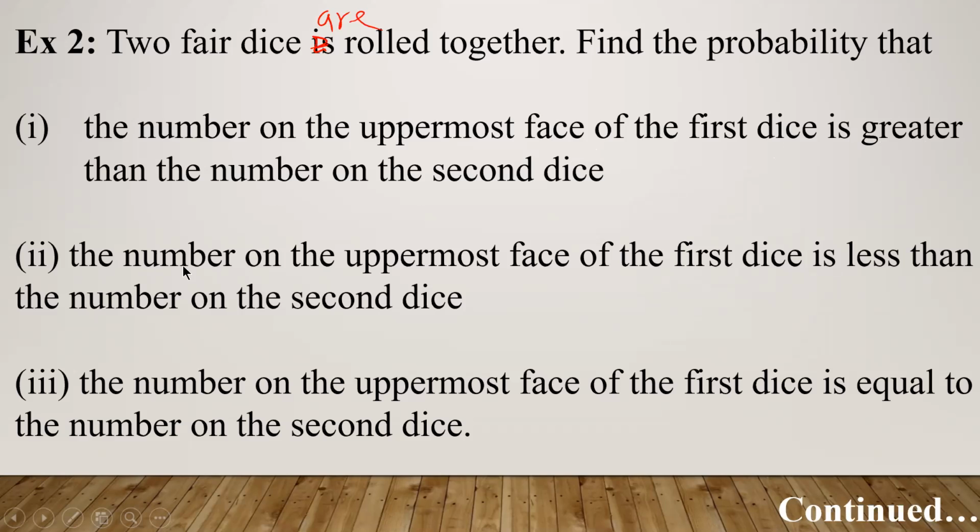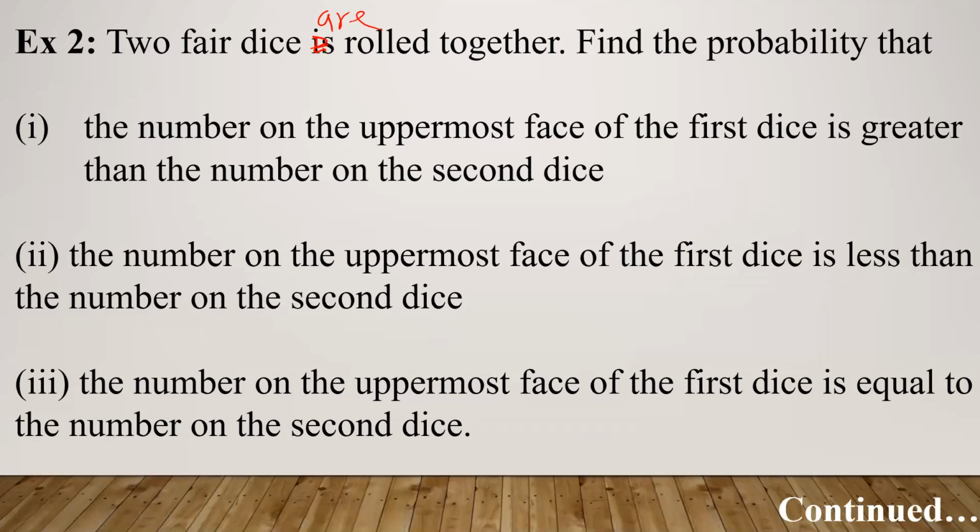Second one is find the probability that the number on the uppermost face of the first dice is less than the number on the second dice. And third one is the number on the uppermost face of the first dice is equal to the number on the second dice.